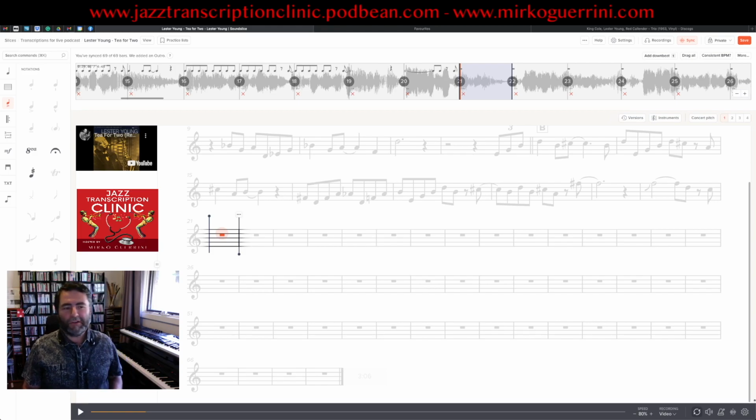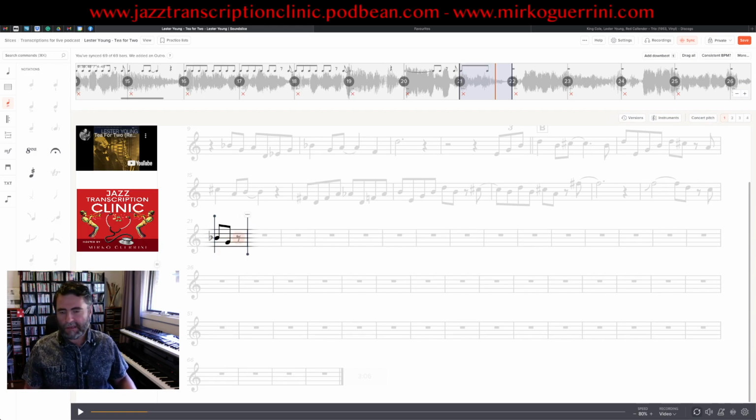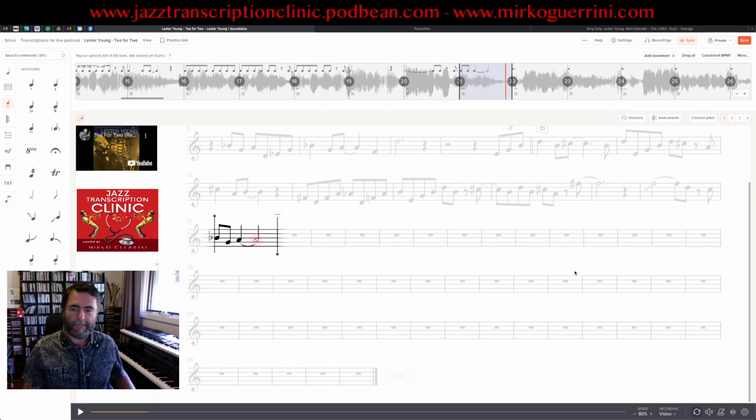So it's a minor third, and the first note will be B flat, D, G, D, major second ascending, D. Is it long? Yeah, the whole bar, so I can tie it up, right?